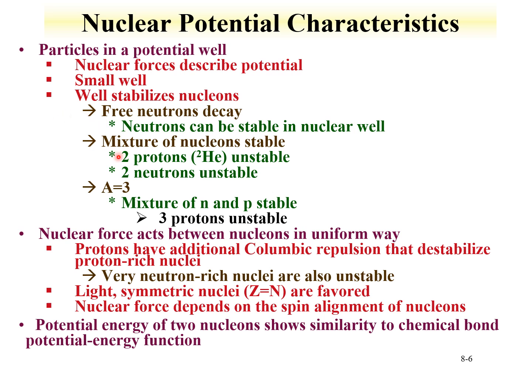For instance, if I have 2 protons, that's helium-2, that's an unstable nucleus. 2 neutrons is unstable. But if I have a proton and a neutron together, that's deuterium, that's a stable nucleus. And I can also imagine that with A of 3, I can get mixtures of protons and neutrons that are stable. However, 3 protons would be unstable. And this nuclear force within this potential acts upon the nucleons in a uniform way.